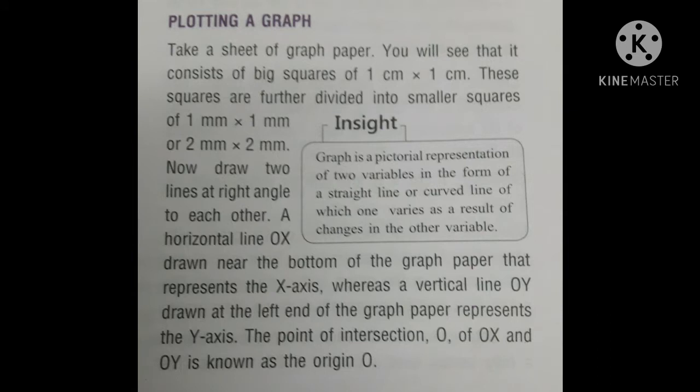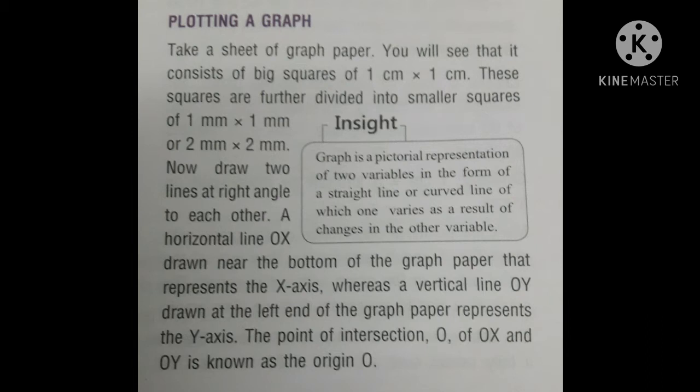Plotting a graph. Take a sheet of graph paper. Now you will see that it consists of big squares of 1 centimeter into 1 centimeter. These squares are further divided into smaller squares of 1 millimeter into 1 millimeter or 2 millimeter into 2 millimeter. Now draw two lines at right angle to each other.